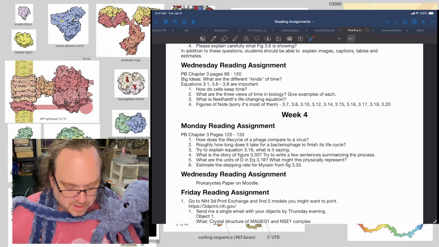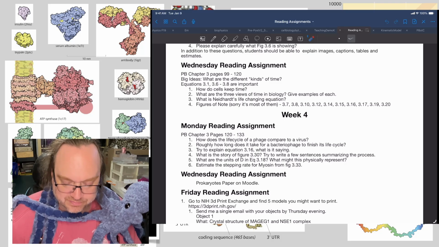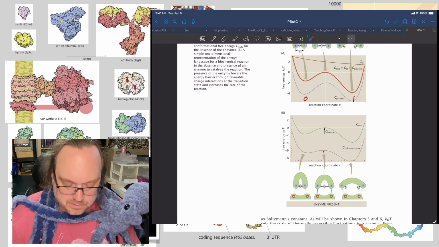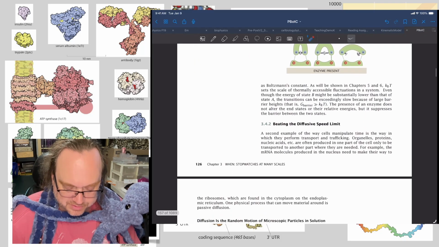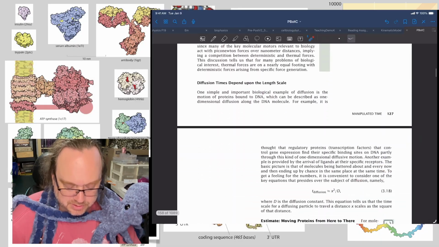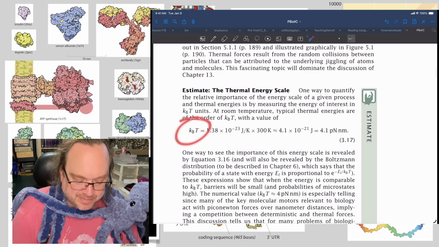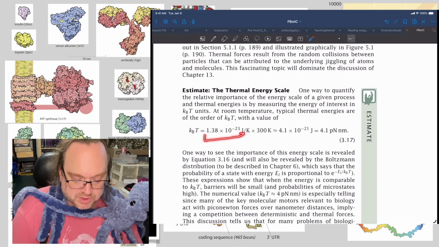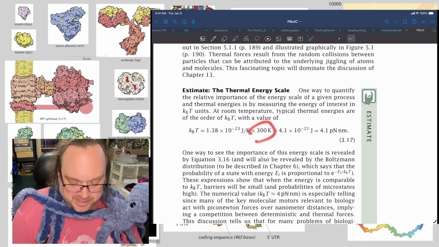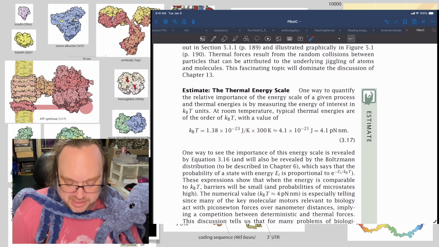Okay. The units in equation 3.18, again, as we're passing through here, here's kBT. This is just Boltzmann's constant divided by Kelvin, multiplied by Kelvin, and you get some energy scale.